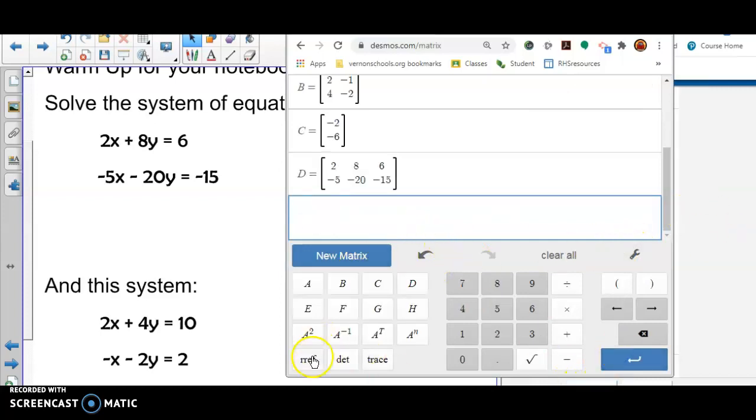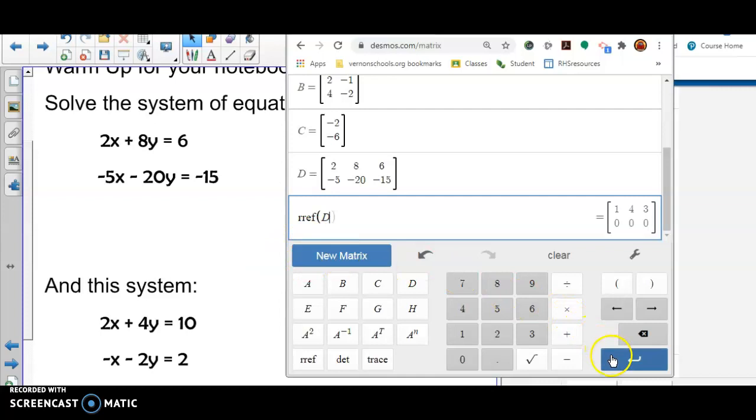Enter, reduced row echelon form, D. And notice there's that row of zeros in the bottom. So if one reduces, because I can divide 2, 8, and 6 by 2 and get 1, 4, and 3, and then the other one is a row of zeros, that means that it's all real numbers. Alright, so a row of zeros means all real numbers.